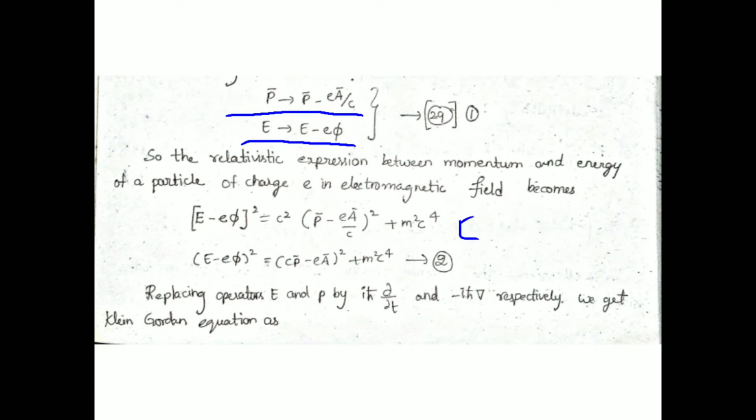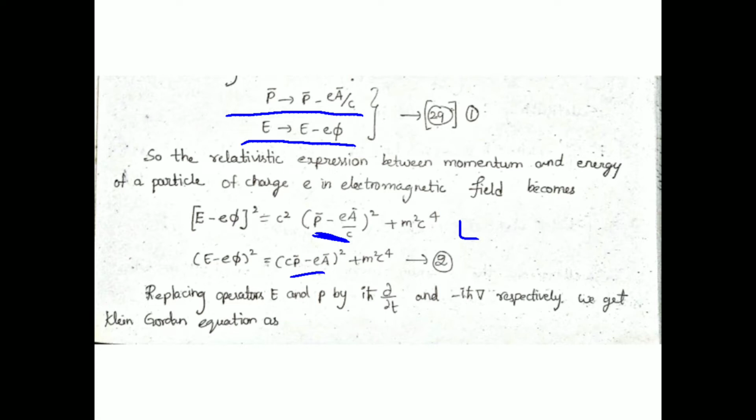On solving this, we can take c as the LCM. So pc by c gives us p minus eA by c, squared. The c squared cancels, so this remains, along with m squared c to the power 4 and E minus e phi as usual. Now replacing operators: in quantum mechanics we deal with operators, the energy operator and the momentum operator.